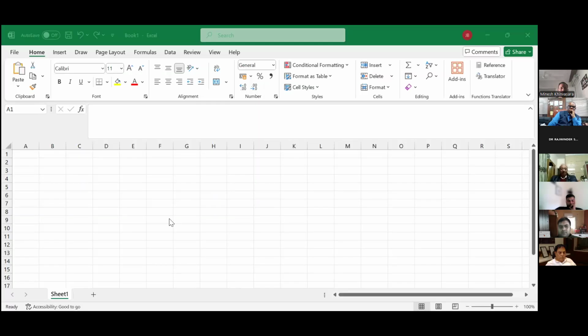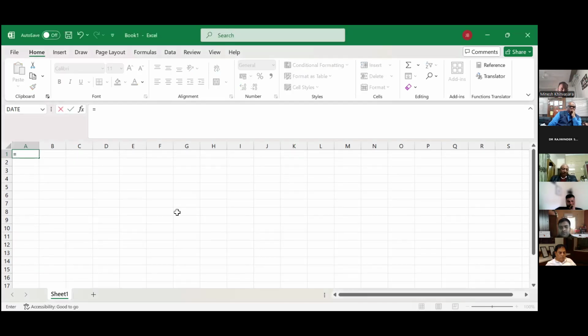So you put your formula, equal to FV. See here, this dialog box. Rate is 8%.